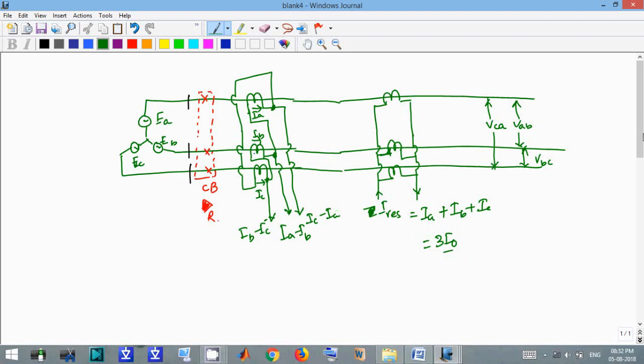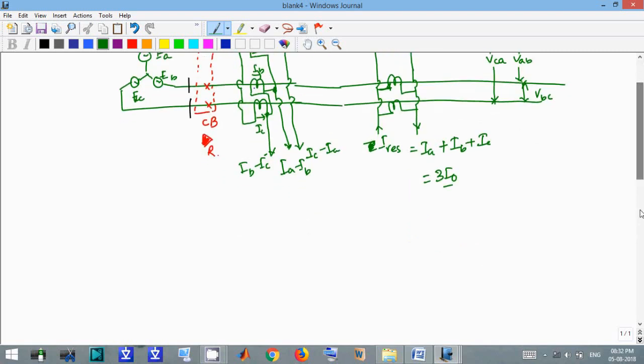So this is the diagram, and now we need to build the control circuit diagram which will give the trip signal to the circuit breaker. These currents and voltages are sensed by this relay.